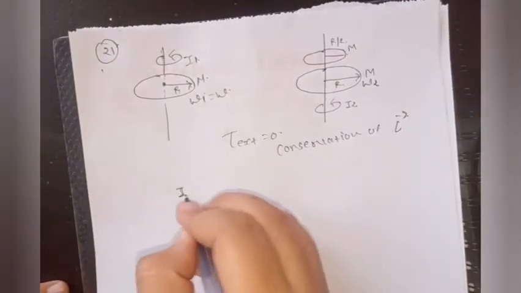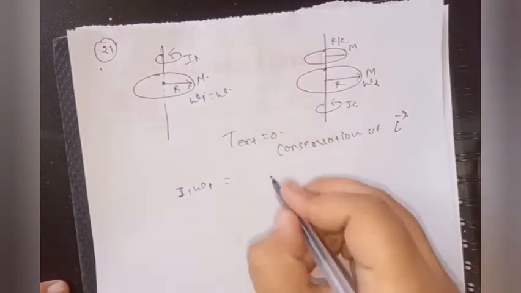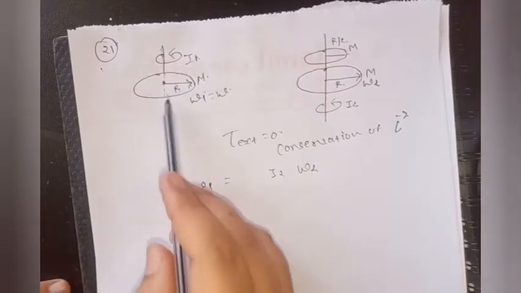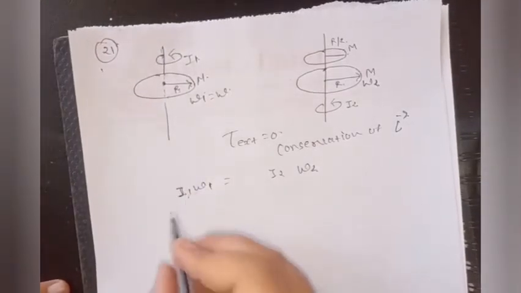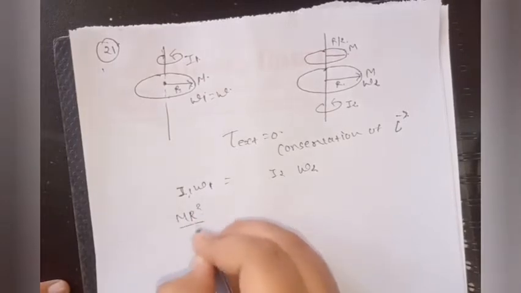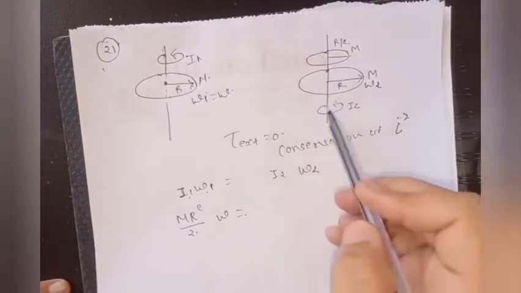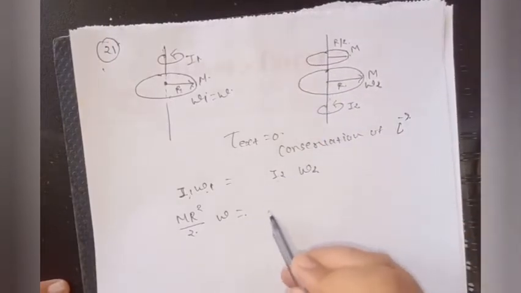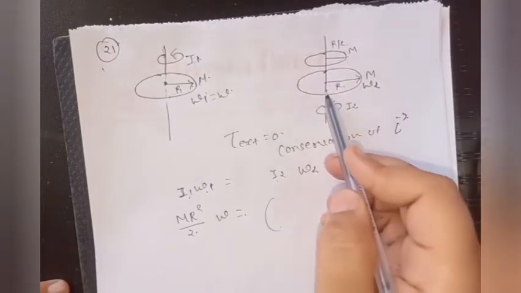So initial angular momentum is equal to I1 omega 1 and final angular momentum is equal to I2 omega 2. Initially only one disk is in this system, so moment of inertia will be m r square by 2, times omega 1, which is omega. Finally there are two disks in this system, so total moment of inertia will be the addition of individual moments of inertia of the disks.